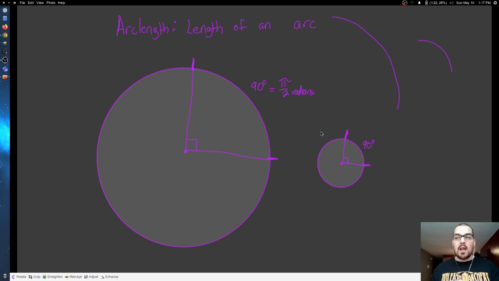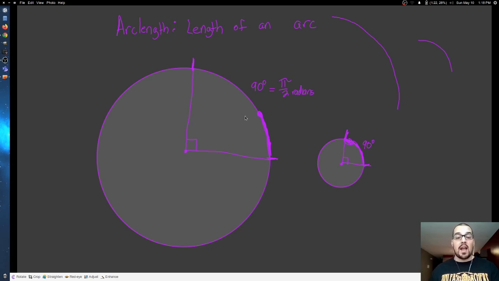But if I had a length of string or a length of measuring tape, and I laid it down across this arc here, and I cut it, and I tried moving it over to this one, I wouldn't cover the whole arc. So that's what the concept of arc length is.